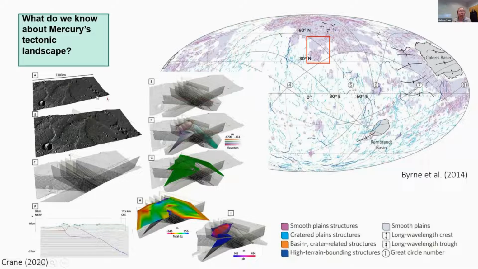So we can use structure-related software that's used for industry on Earth. We can make DEMs combined with imagery for Mercury's surface. We can slice those with cross sections after we've mapped our fault related features, and then do some subsurface interpretation based on topography.